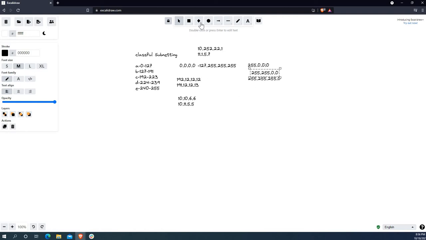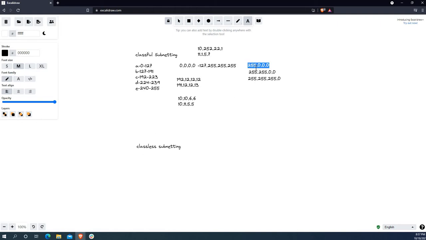Most companies, most networks now use classless subnetting, and the idea is much the same, but it's much more flexible. So in classless subnetting, there's no A, B, C, D, no subnet mask, but instead we have what's called CIDR notation.